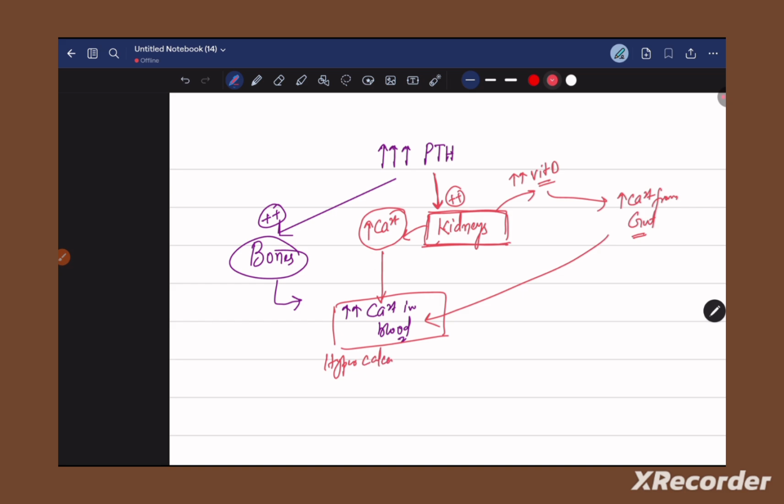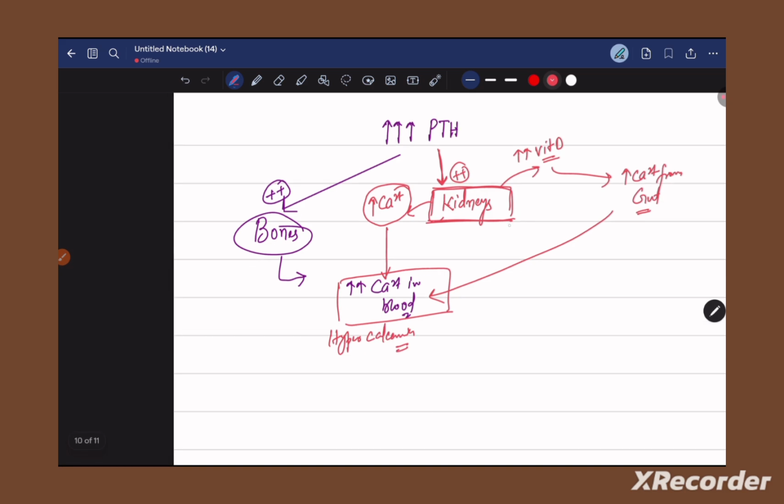Okay, hypercalcemia. Now since the kidneys are normal, what will happen to the phosphates? You all know that kidneys are responsible for dumping of phosphate from blood to the urine, means to filter out the phosphate from blood to urine.